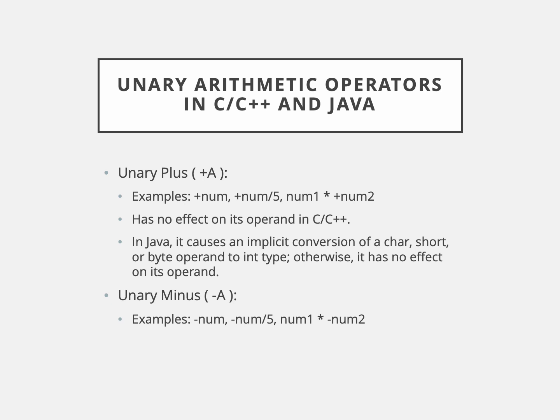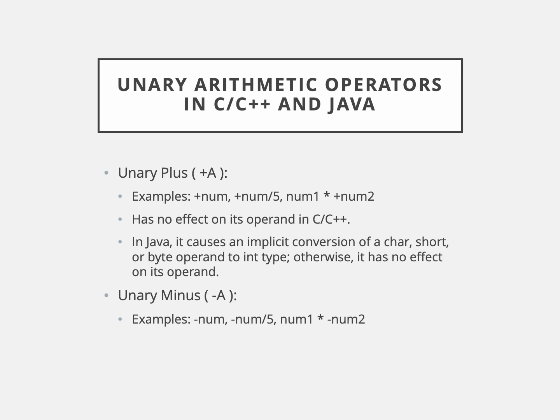So, keep that in mind: depending on the type of programming language, some operators have different functions and usability. For example, if you write plus num divided by 5, these are the examples.